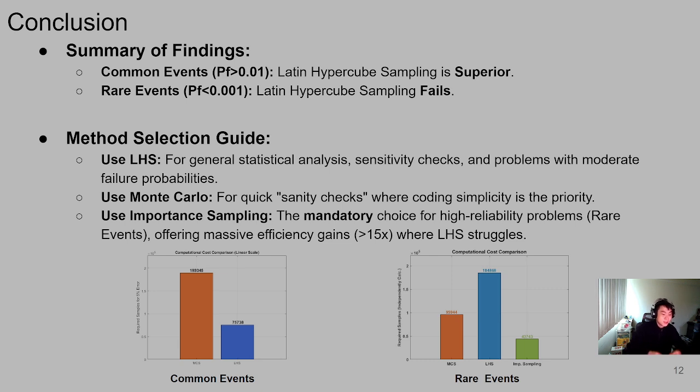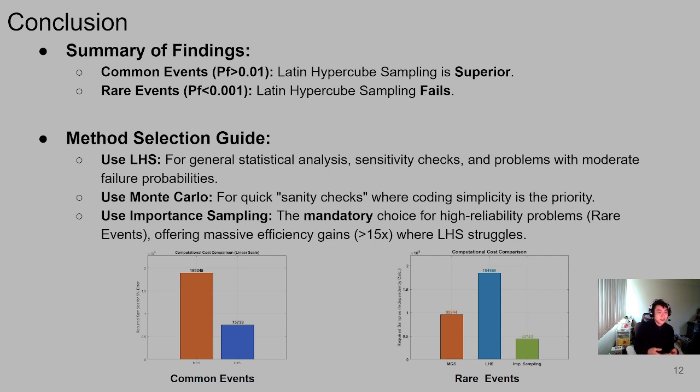So from these examples, we can build a method selection guide. LHS can be used for general statistical analysis and problems with moderate failure probability, from 0.01 to 0.001. And Monte Carlo simulation is good too, because if it weren't good, it wouldn't be taught in the class, right?